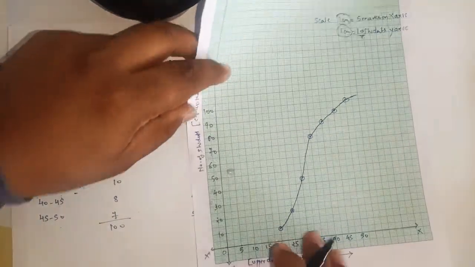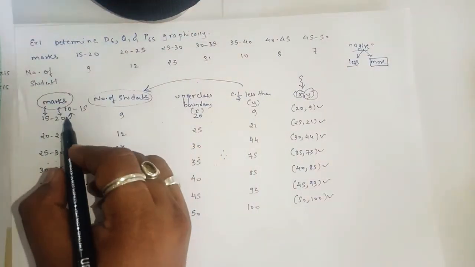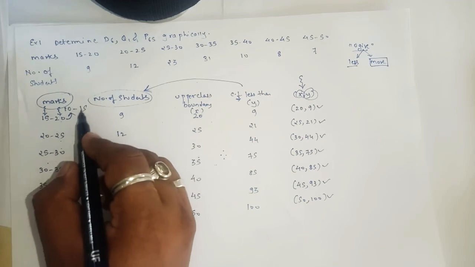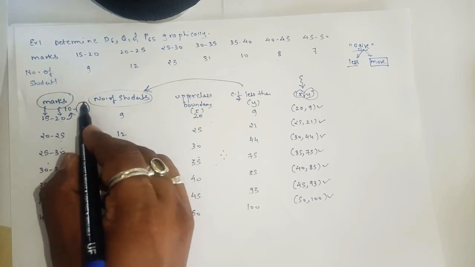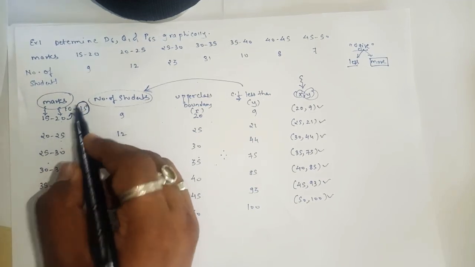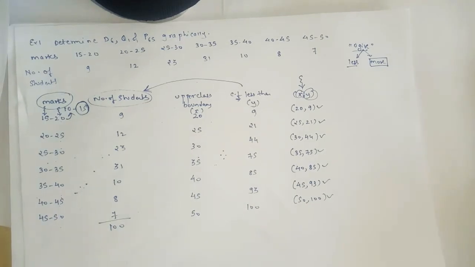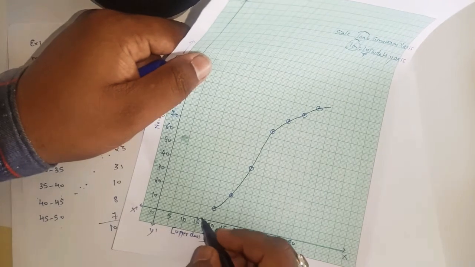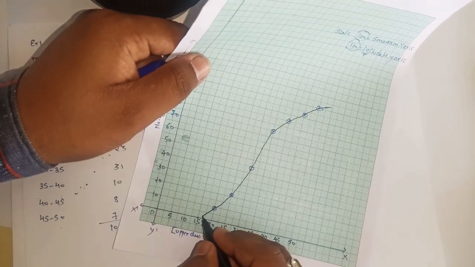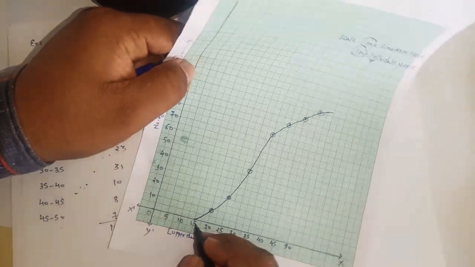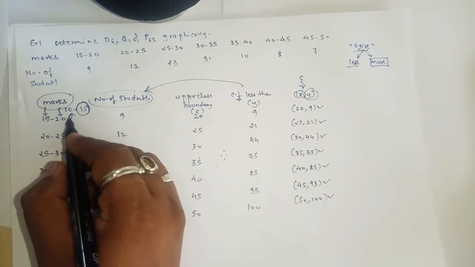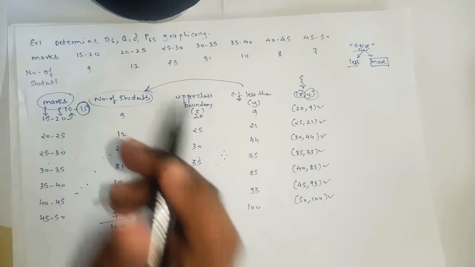Where will it come? Suppose we add one more extra class from above, so it will be 10 to 15. So here your upper class is 15. So the line will come down here to 15, not 10, because when you add one more extra class, it will be 10 to 15.